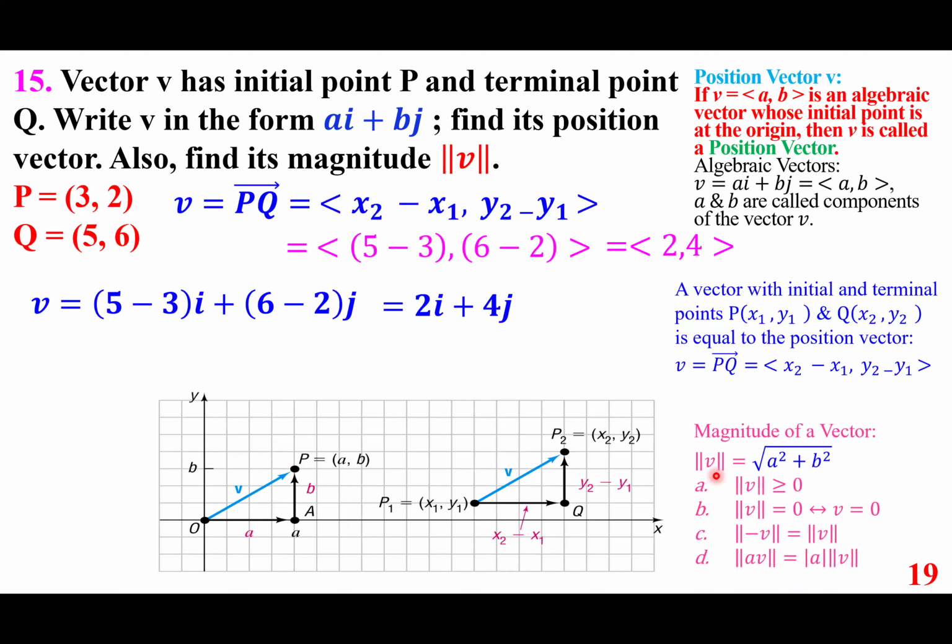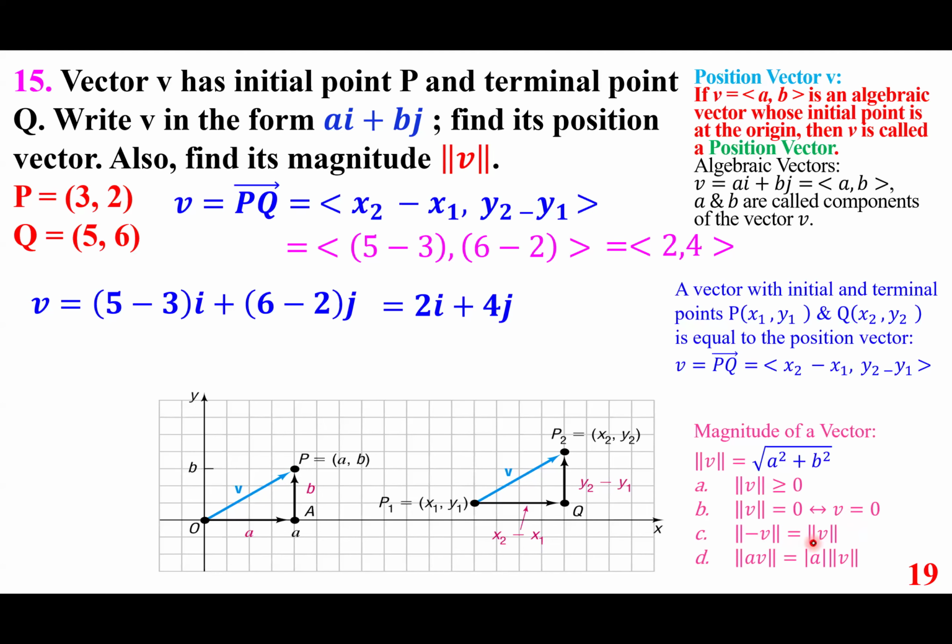Magnitude. The magnitude of any vector is the square root of a squared plus b squared. Magnitude, or the size. The magnitude is always non-negative. That means it could be 0 or positive. If the magnitude is 0, the vector must be a 0 vector. The magnitude of minus v and v are the same.